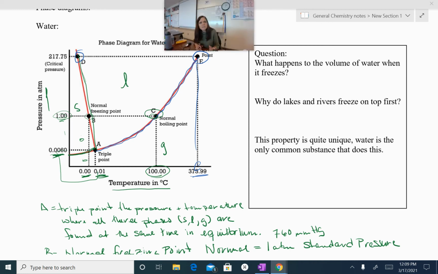What happens to the volume of water when it freezes? Have you guys ever froze something that's been in a bottle in the freezer, and then you opened up the freezer later and like the lids popped off the bottle, or heaven forbid the bottle's actually cracked because the water has frozen? Water expands as it freezes.